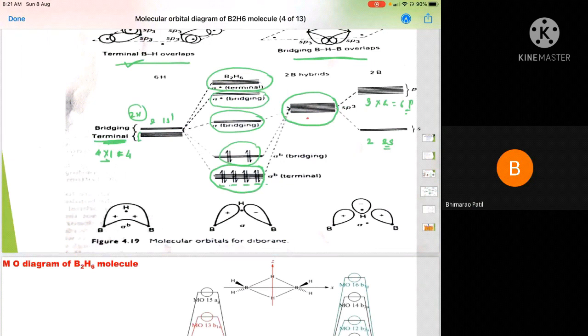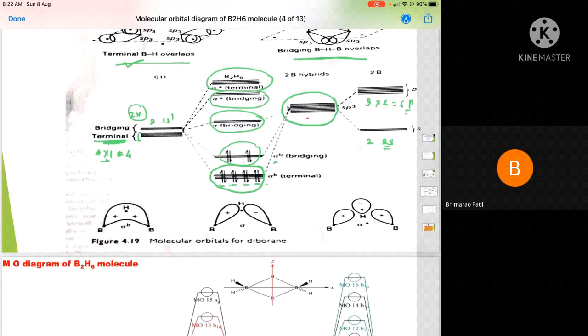Then if you fill up the electrons, the electrons fill the lower energy orbital, that is the sigma bonding bridging one. Then the total number of electrons present in diborane is only 12. If you count it, 2 plus 2 plus 2 plus 2, 2 plus 2, that becomes equal to 12.